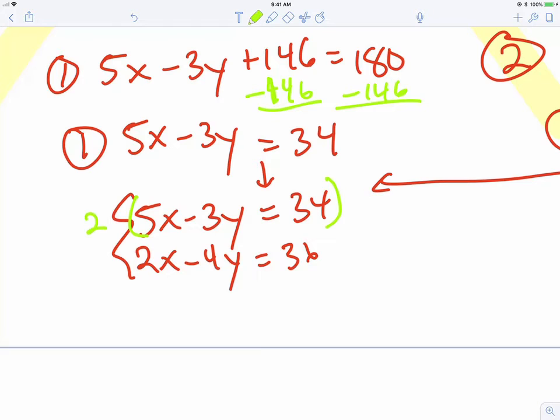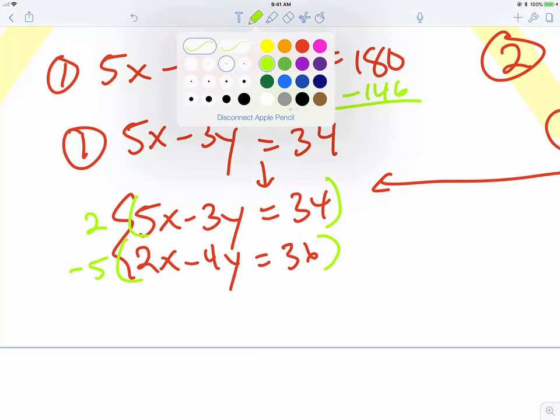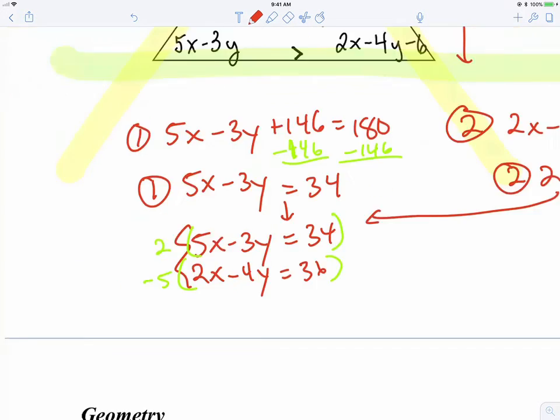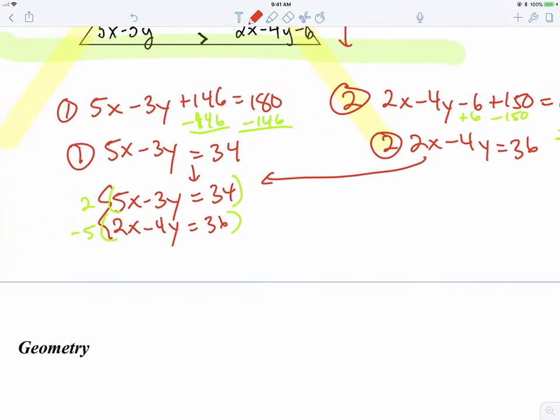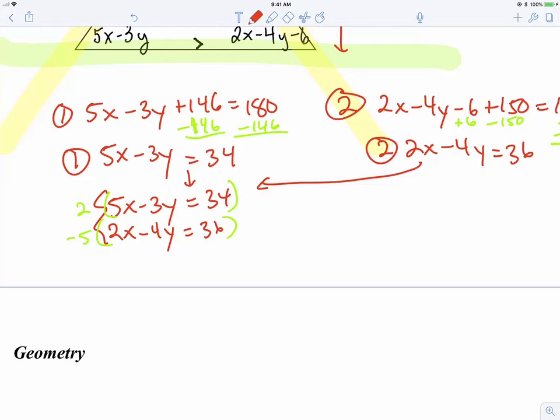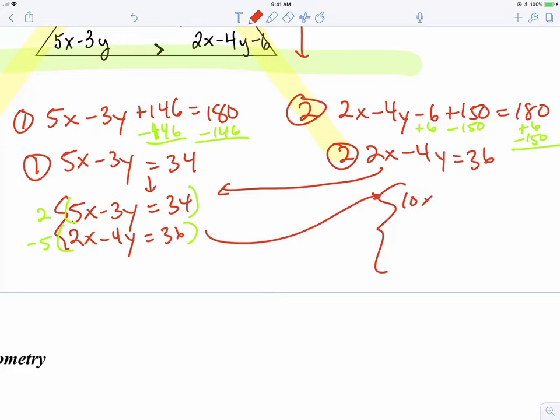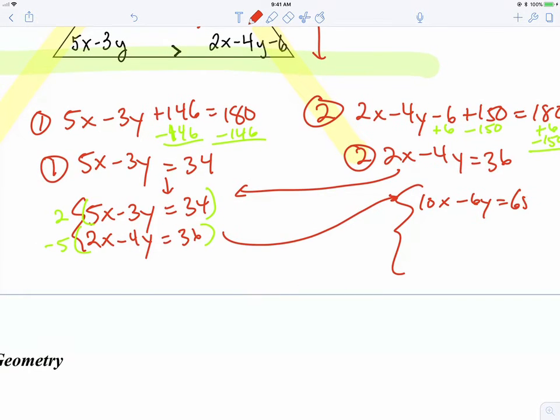I'm going to multiply the top by 2 and the bottom equation by negative 5 so that my x's cancel. So what I get from here is my system: 10x minus 6y equals, I'm going to multiply 34 by 2 and get 68.